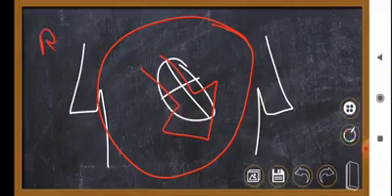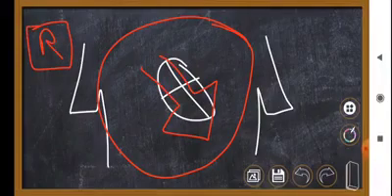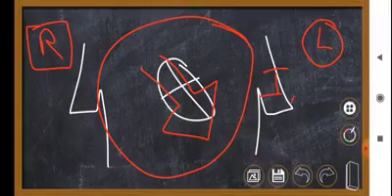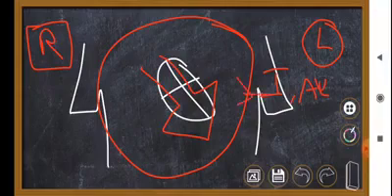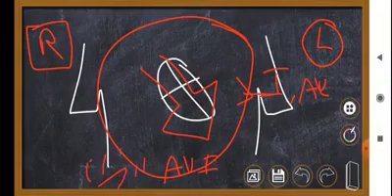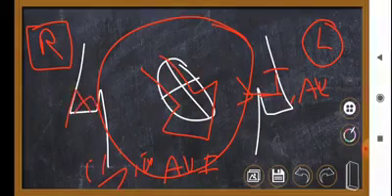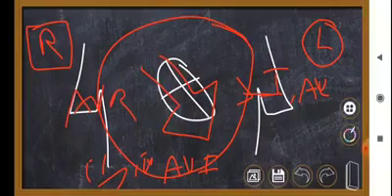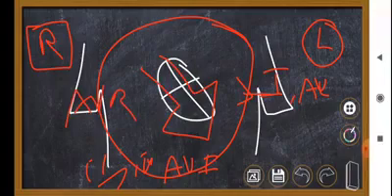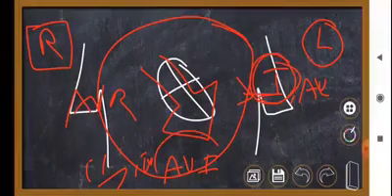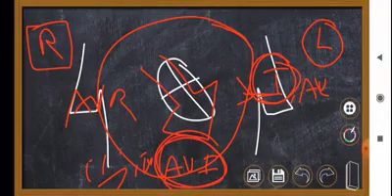We know that this is the right side of the body and this is the left side of the body, and we have already discussed that lead 1 and AVL look at the heart from this side, and lead AVF from this side along with 2 and 3, and all other leads like AVR from here. Well, we are going to focus on only lead 1 and lead AVF in this video to calculate the axis.